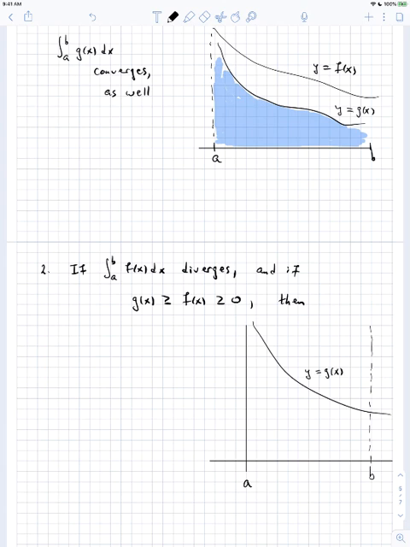And we know that it's bigger than f, so f is underneath somewhere, something like this. So y equals f of x. And now what we're assuming is that the area underneath f is infinite. That's what we're assuming, because we're assuming that this integral diverges, so that means it's infinite area.